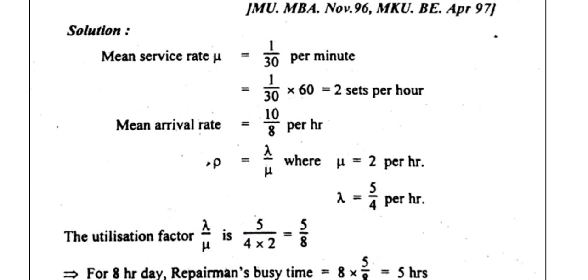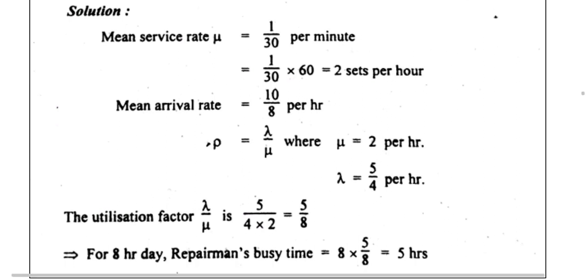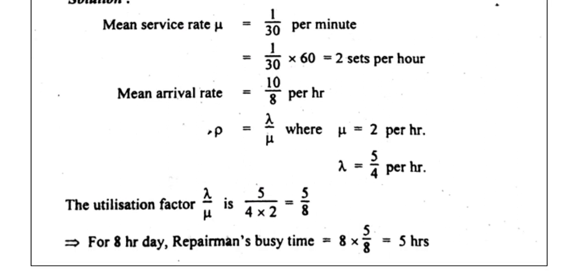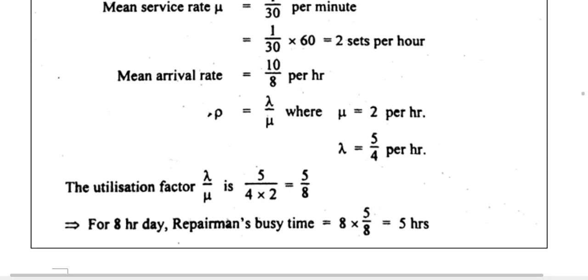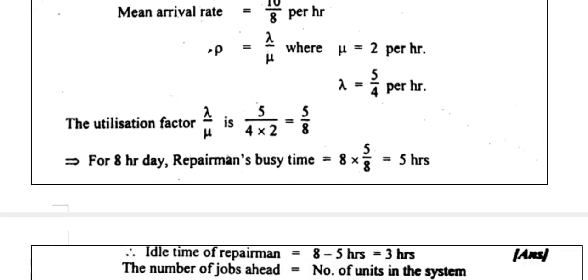The utilization, lambda by mu, is 5 by 4 into 1 by 2, 5 by 8. You know that on an average of 8 hours per day, the repairman is busy for 8 into 5 by 8, 5 hours a day. Idle time of the repairman is 8 minus 5, so you will get 3 hours.